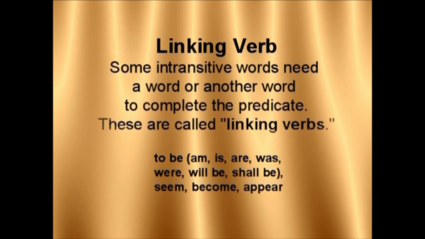Some intransitive verbs, however, always need another word to complete the predicate. These are commonly called linking verbs. Examples of these verbs are to be, am, is, are, was, were, will be, shall be, seem, become, appear.